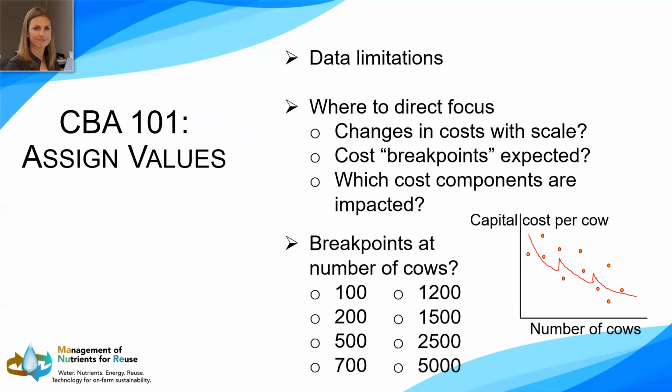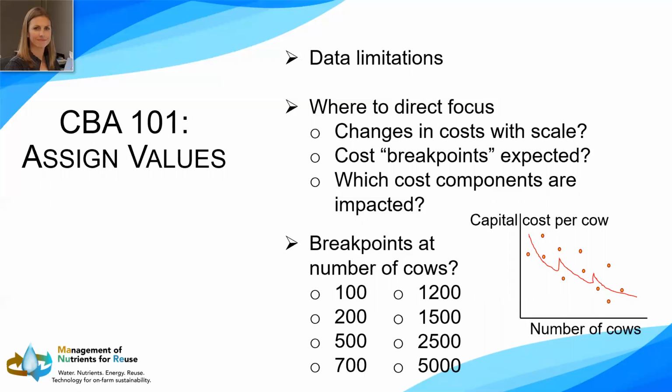Under perfect conditions, I would have reliable and comprehensive cost information for all the important cost components for all types of separators and under the proper range of farm sizes without gaps in data across scale.